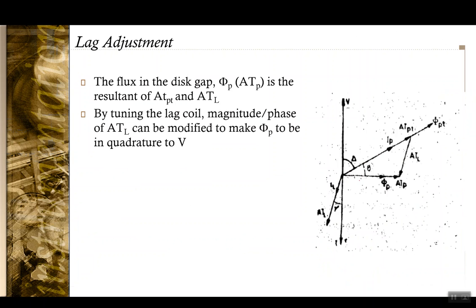By tuning the lag coil, we can make this additional phase lag such that delta plus theta becomes 90 degrees, and this flux is in exact quadrature with the supply voltage.